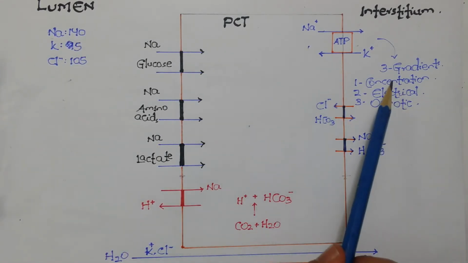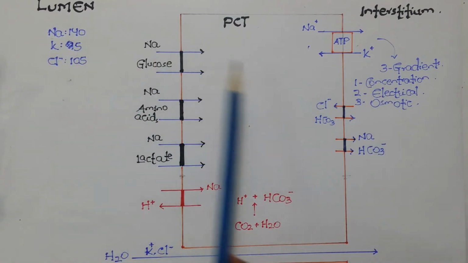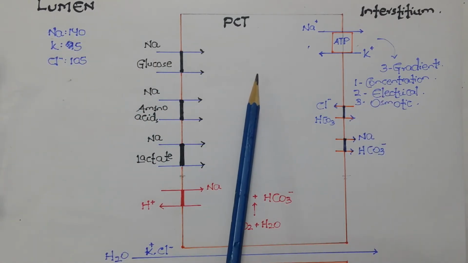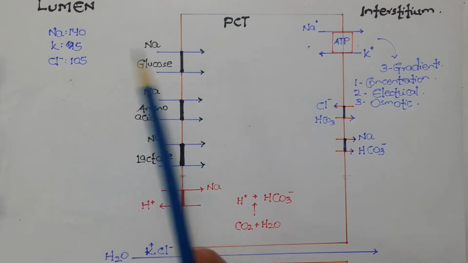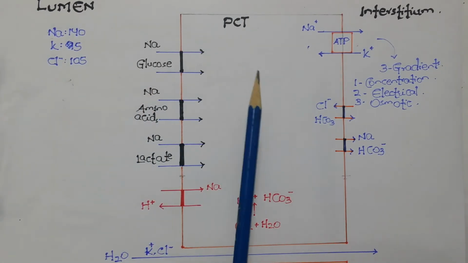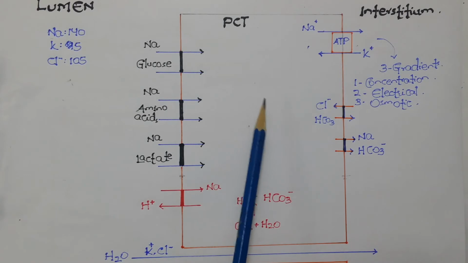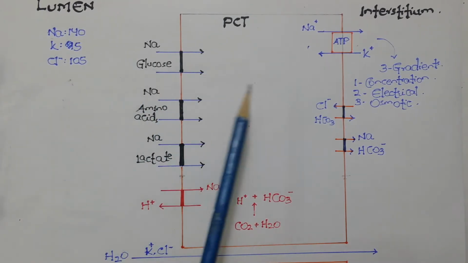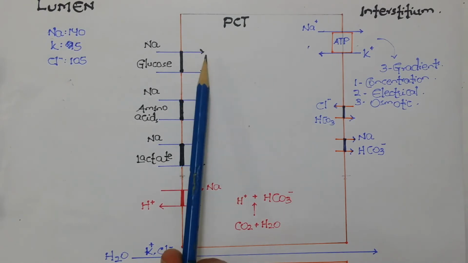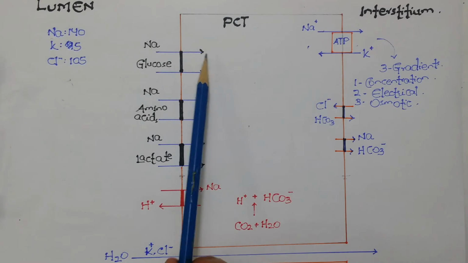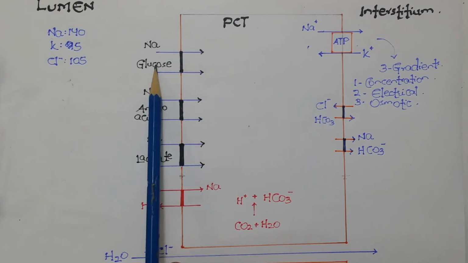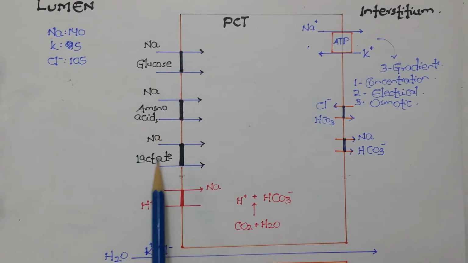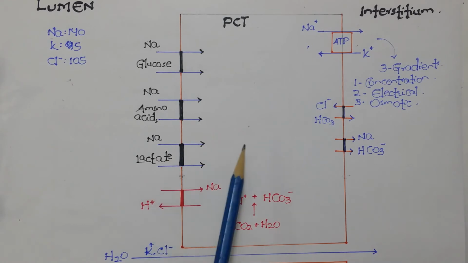So after a concentration gradient has been achieved, sodium can now move into the cell from a region of higher concentration to a region of lower concentration, which we also call downhill transport. The downhill transport from the tubular lumen into the tubular epithelial cell yields energy that is utilized to transport glucose, amino acids, and lactate as well into the cell.